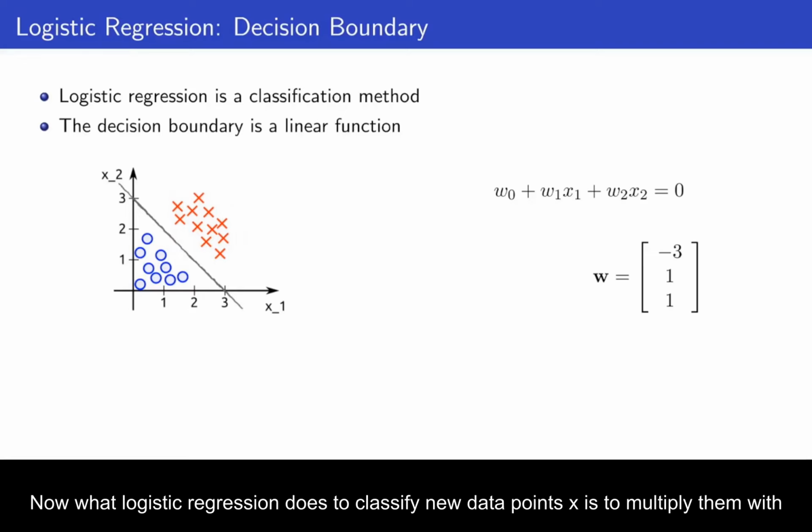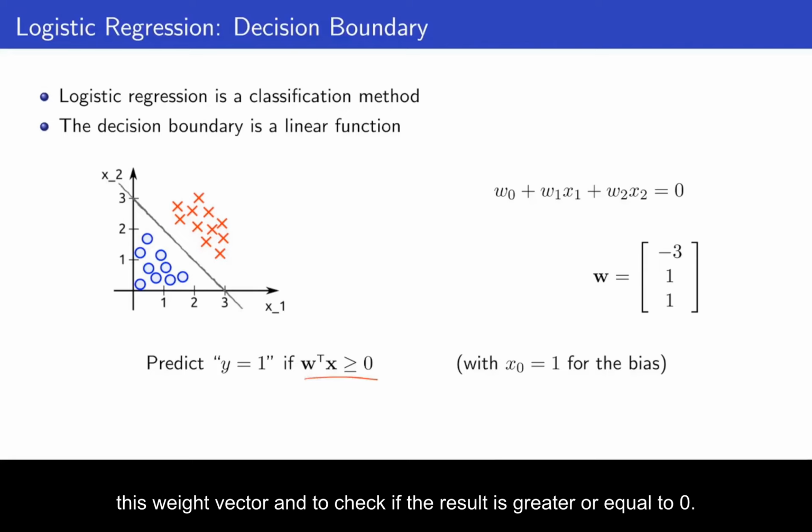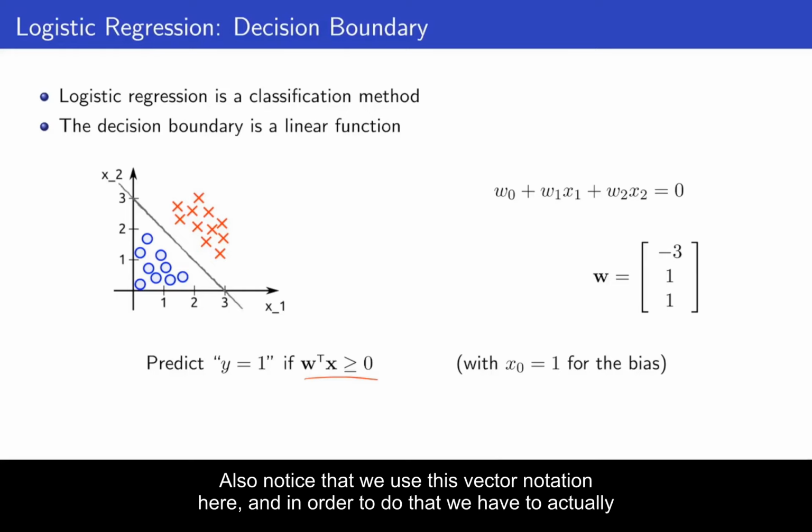Now, what logistic regression does to classify new data points x is to multiply them with this weight vector and to check if the result is greater or equal 0. If yes, it predicts a point in class 1, and otherwise it predicts it in class 0. Also notice that we use this vector notation here.